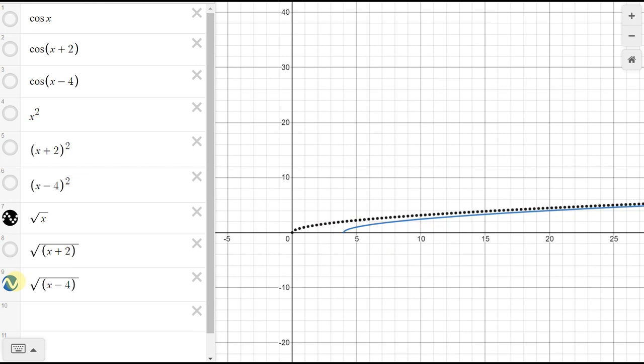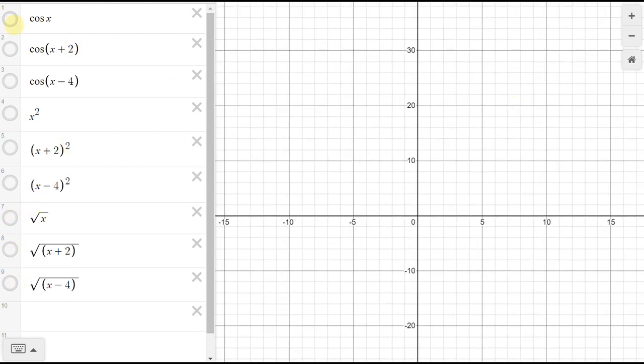In the context of cosine or sine, it doesn't matter which one you use. Here's my regular graph of cosine, so that's the dotted black line. If I add 2 to this, just watch what happens. It's a little bit harder to grasp what's happening if you don't understand horizontal translations. That's why I showed you the other functions first. But it's still moving the whole cosine function to the left.